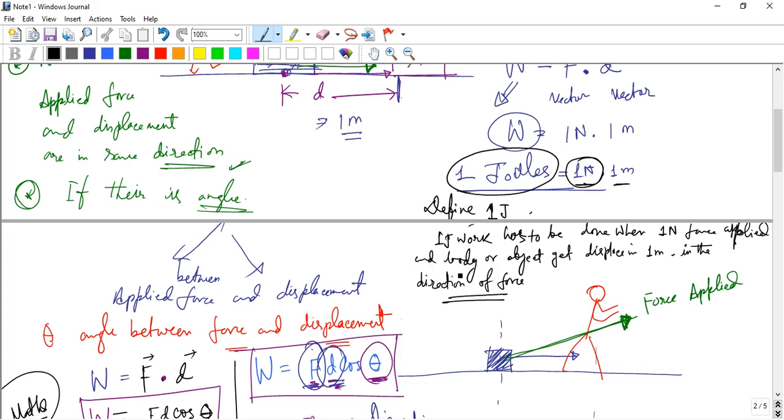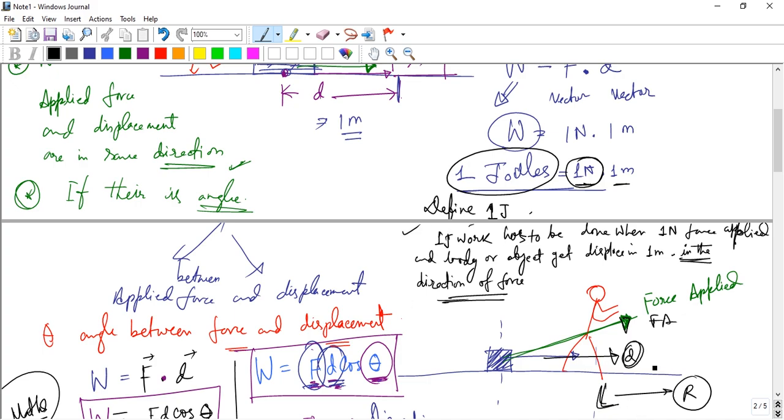That's very important. The force is applied and the body is displaced in that direction, both in the same direction. That is the definition.